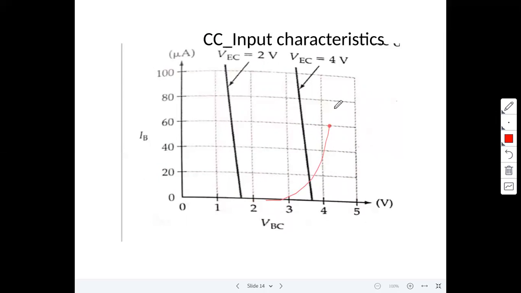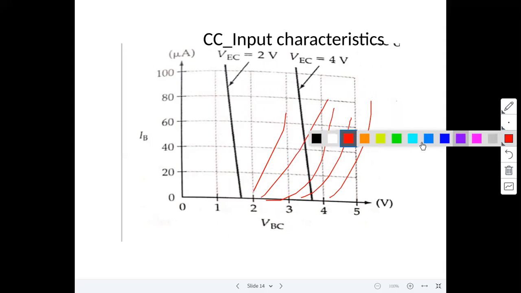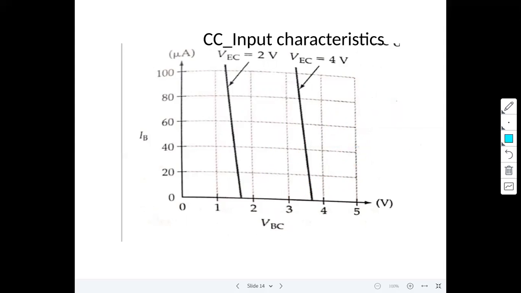What are the remaining two characteristics? Like that, an exponential increase, whether it is towards the right side or towards the left side. But here in this case, the expression is the same. Okay, expression is the same, but what happens here is when VEC increases: this is 2 volts, this is 4 volts.